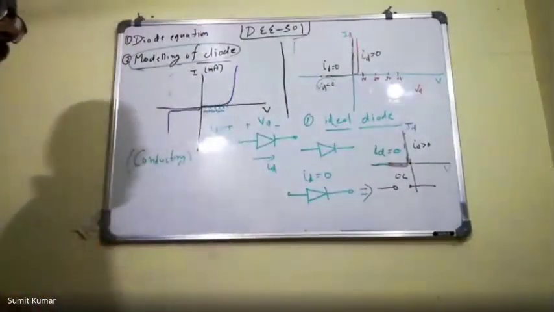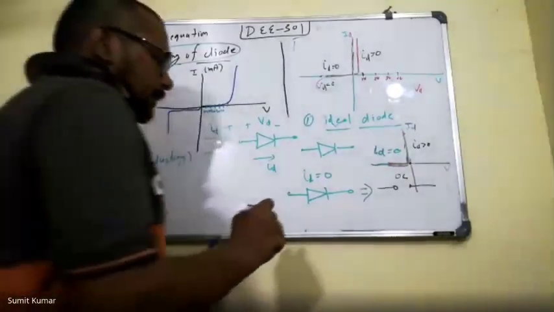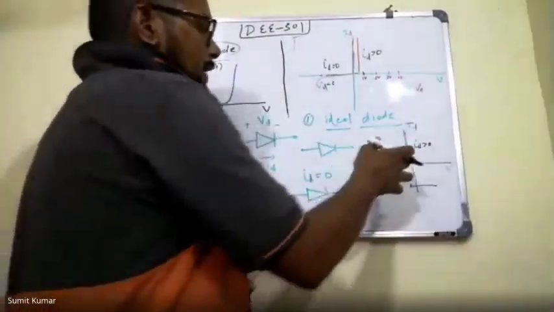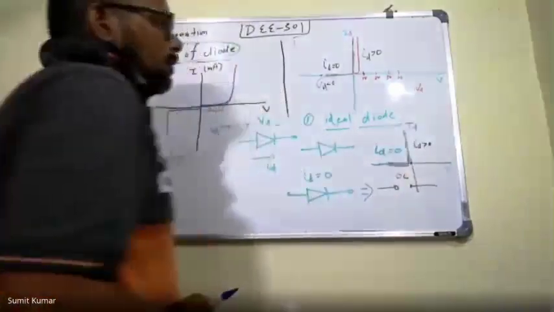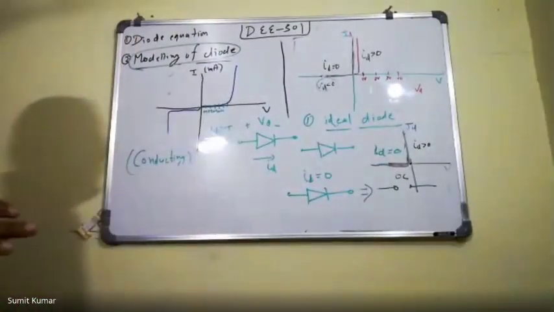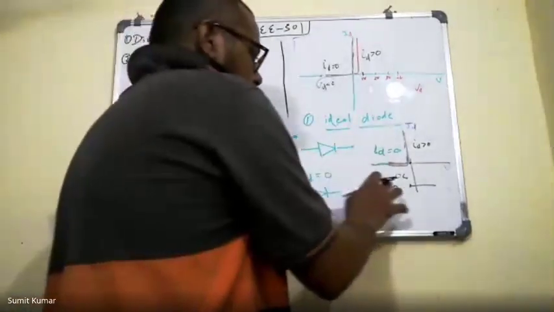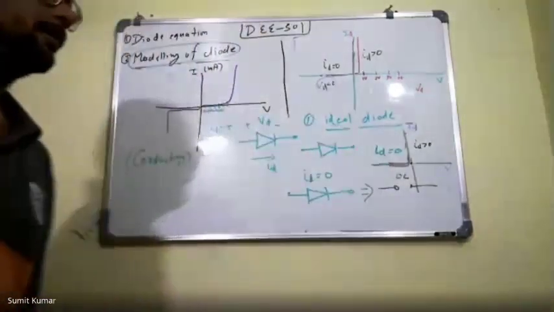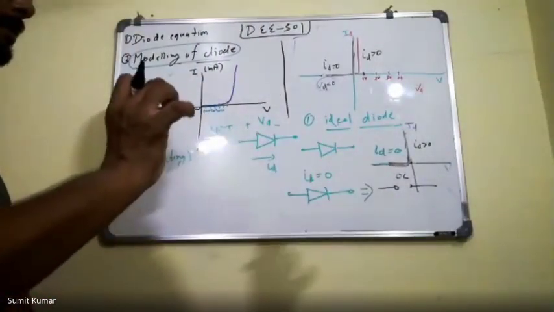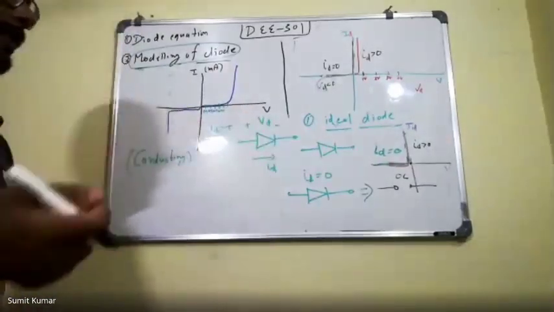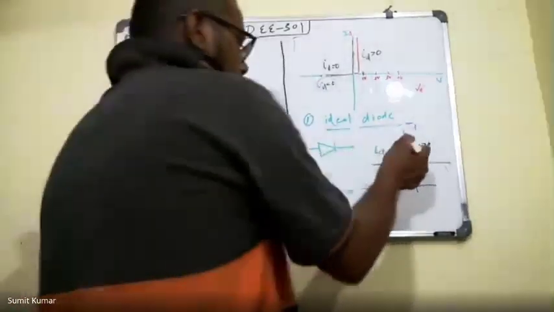Since id greater than 0 cannot indicate any specific circuit situation, it might be any value, so we cannot represent that directly, but we can represent vd equal to 0.